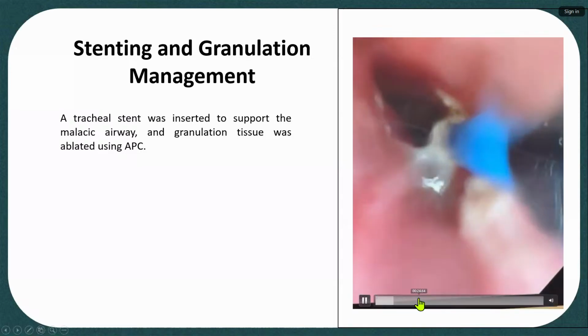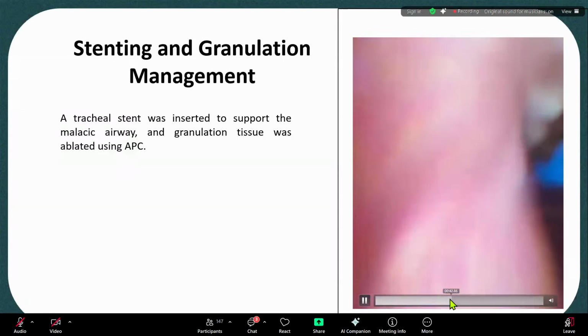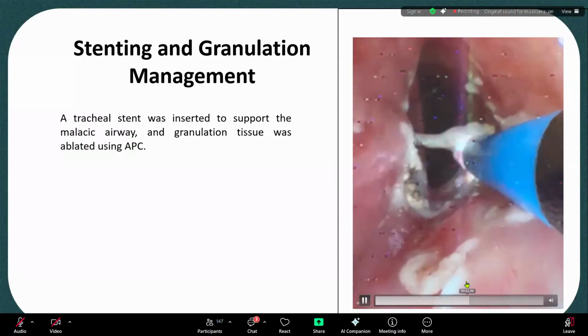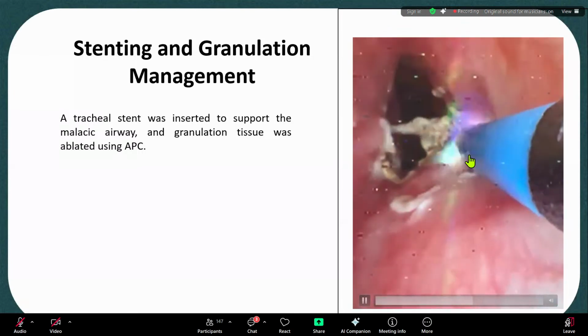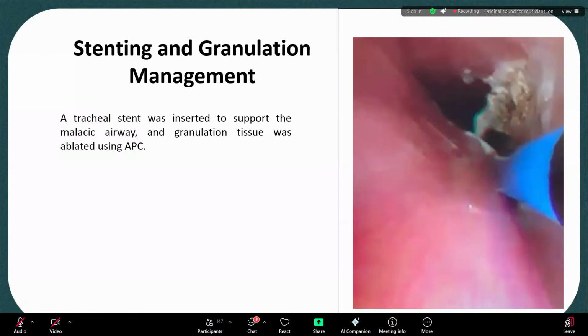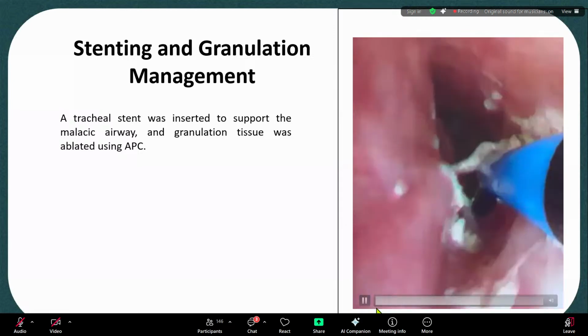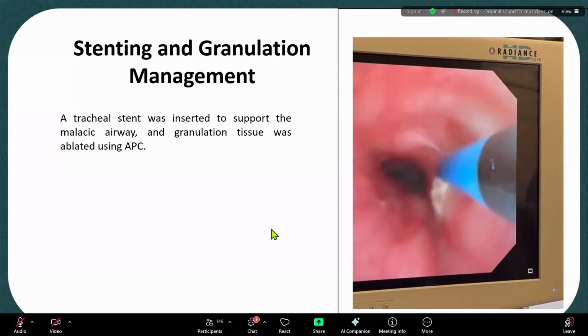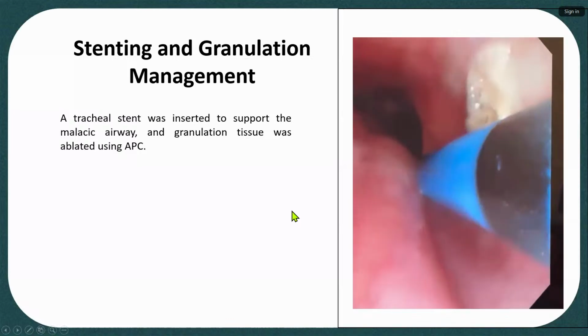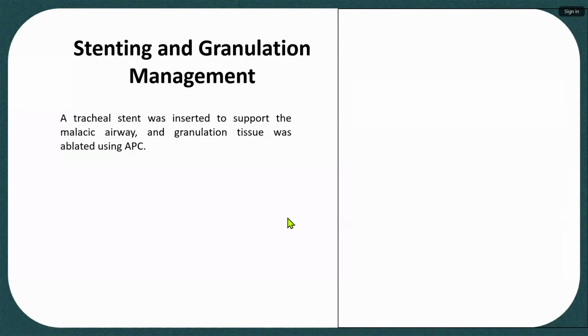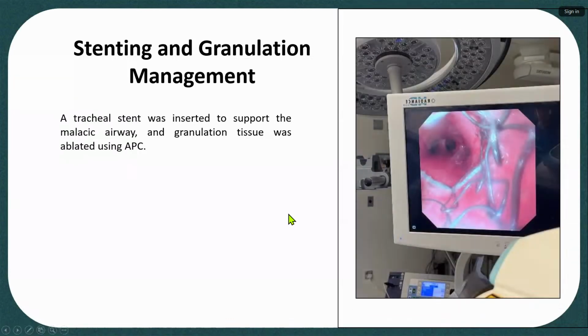As we remove the granulation tissue, you can slowly see how it opened up the airway lumen. This is the tracheal stent placed. We used argon plasma coagulation ablation with that as well.